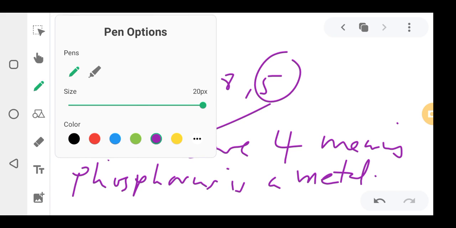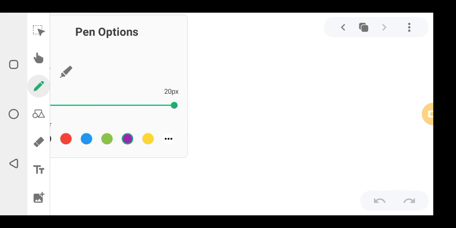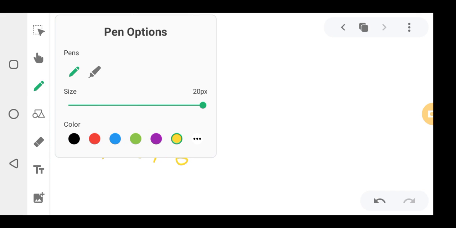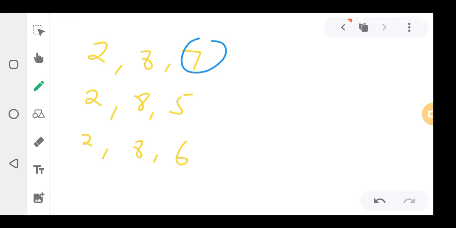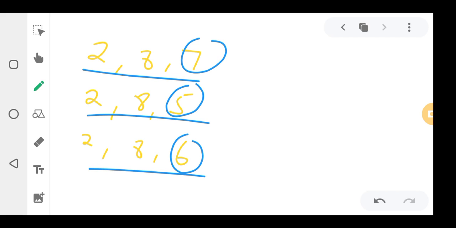Okay, so don't be getting confused. Once the last number, for example, 2,8,7, or 2,8,5, or 2,8,6, numbers that end with the last number greater than 4, these kinds of elements, for example, chlorine, phosphorus, sulfur, are non-metals.